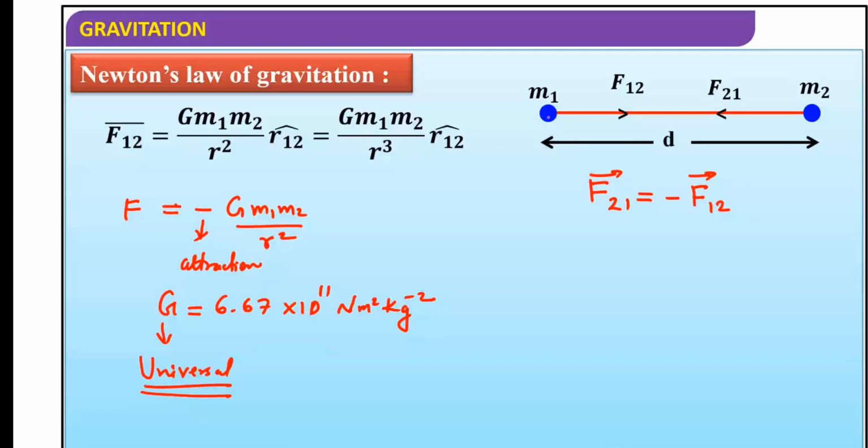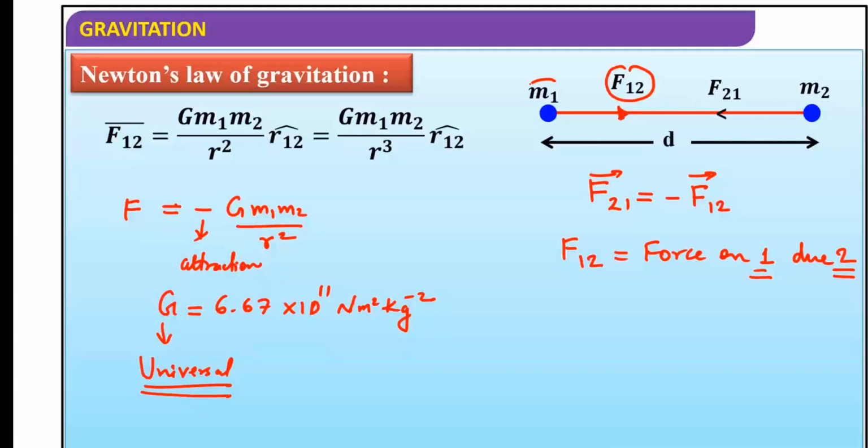Now it's very important for numericals to find the direction of force. Let's say I want the direction of F12, that is the force on the first object due to the second object. So the first object will be attracted by the second object. So the direction of F12 will be from M1 to M2.